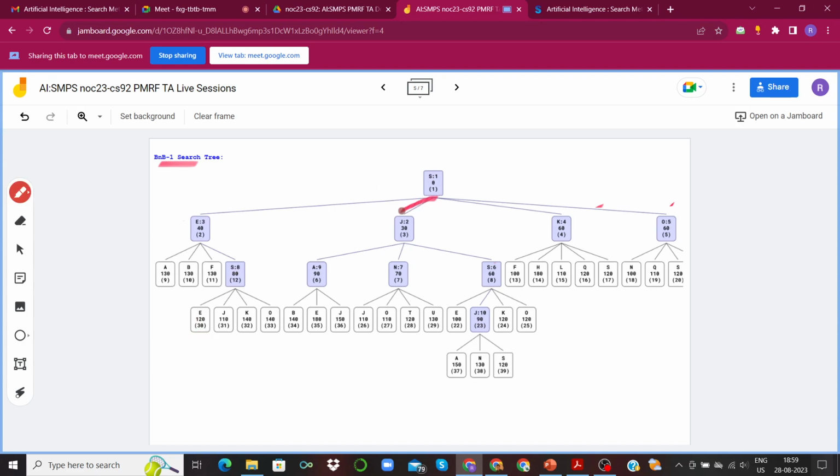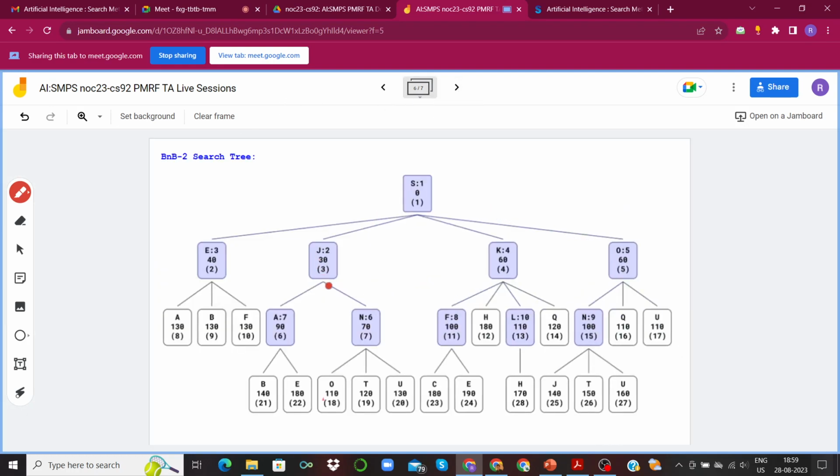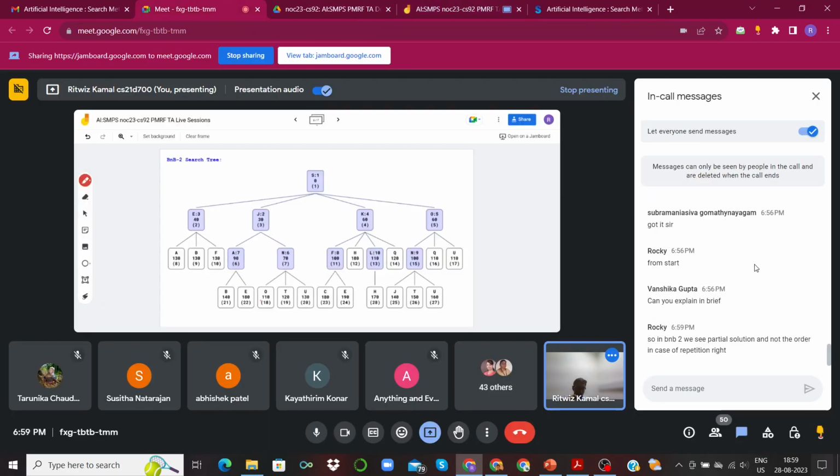You have S to J, then again S, and then again J. So this has a repetition in SJ itself, whereas this BNB2 method does not have any repetition in the partial solutions. The difference between BNB2 and BNB1 is that in BNB1 your partial solutions will have repetitions, whereas in BNB2 they will not.